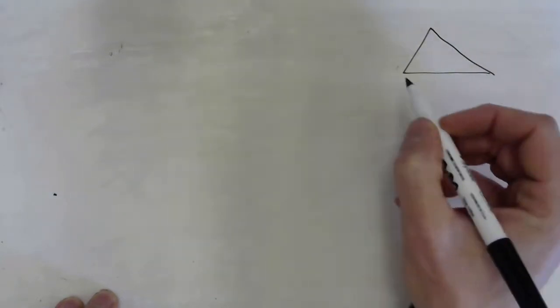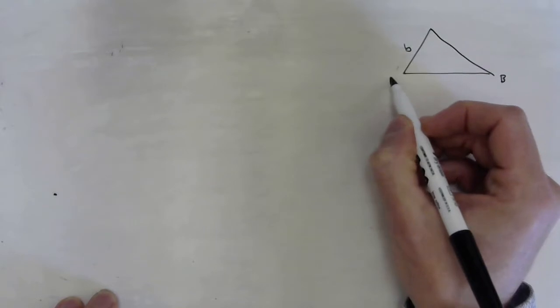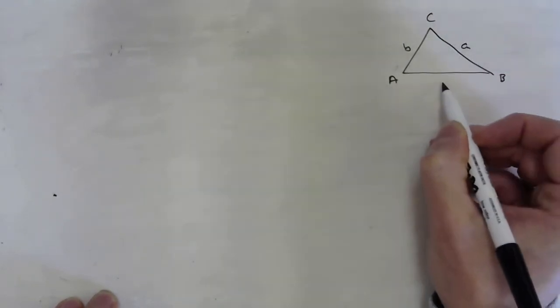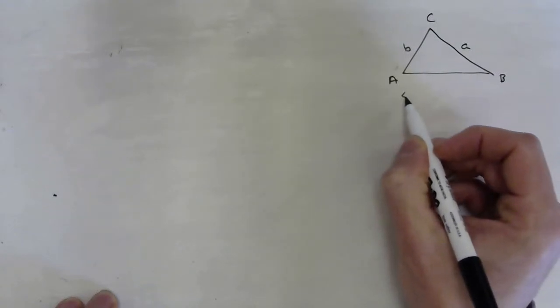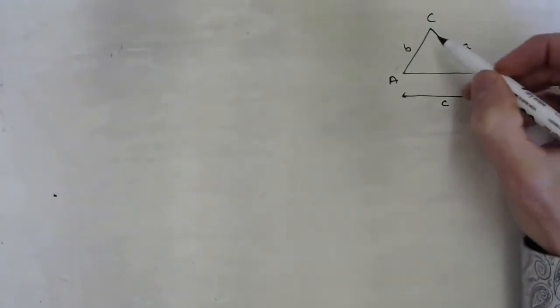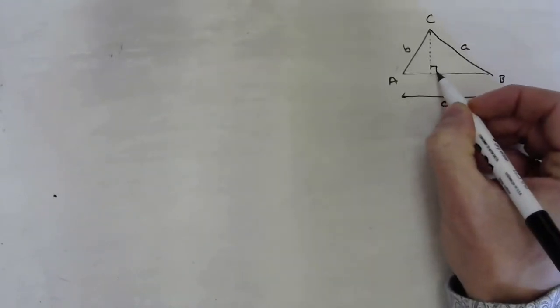So let me get that. That is just an acute triangle, ABC. And they've drawn us a line down the middle. That's the altitude. It meets at a right angle.